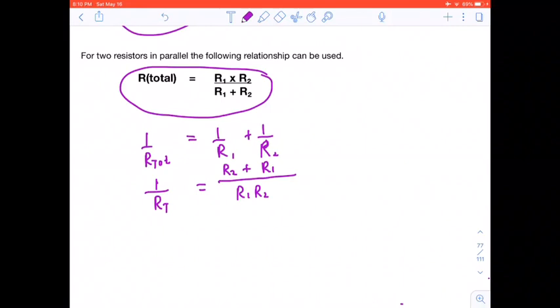Now, what happens here, if I want to multiply the left hand side by R total, and you know this is an equation, so we want to be fair. What we do on the left hand side, we must do on the right hand side.